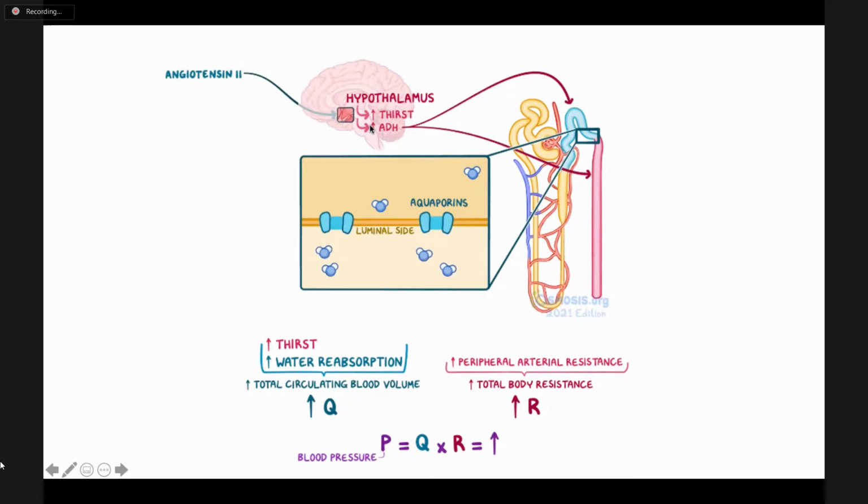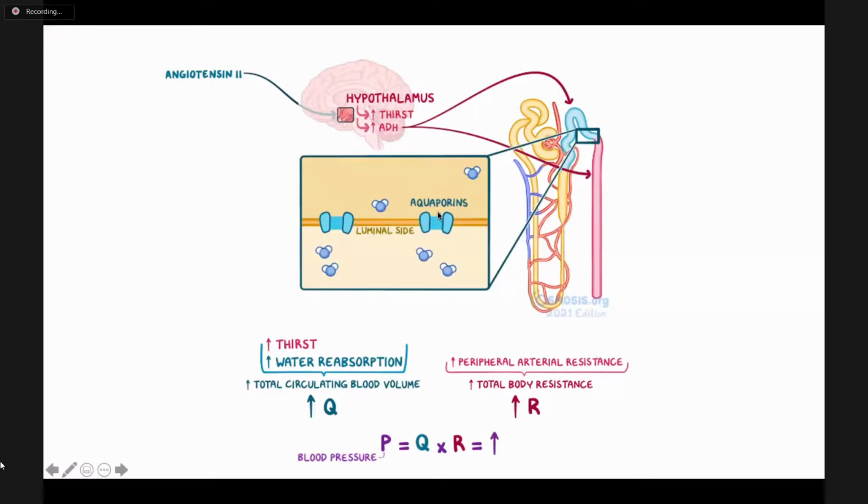So when this antidiuretic hormone is released, it will affect this part, the collecting duct. There will be a lot of insertion of aquaporin water channels at the luminal side of the collecting duct here.